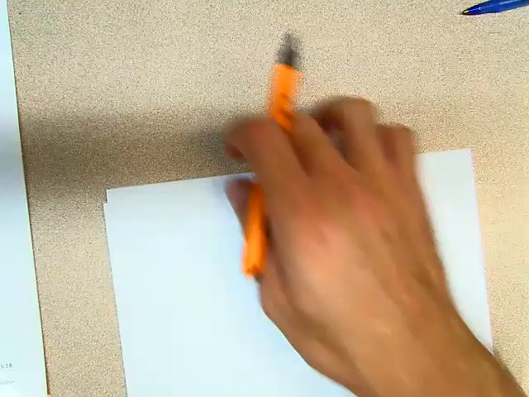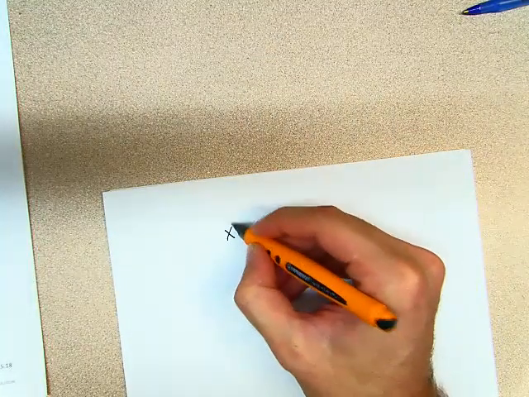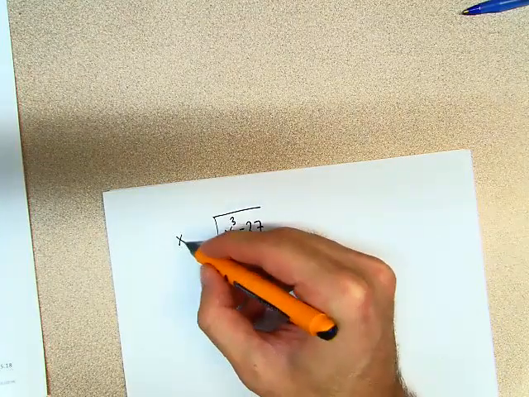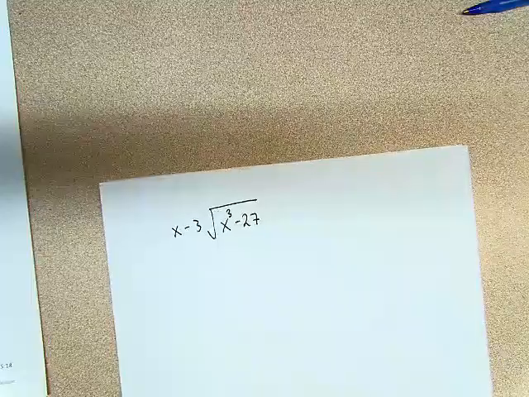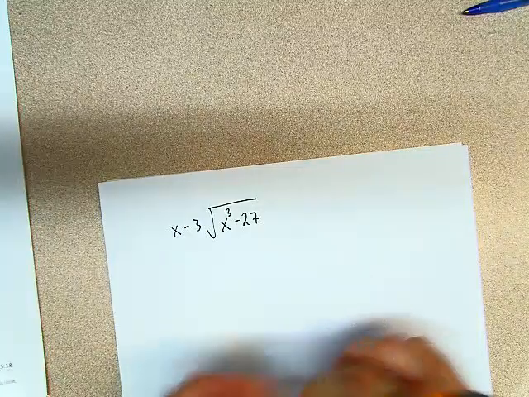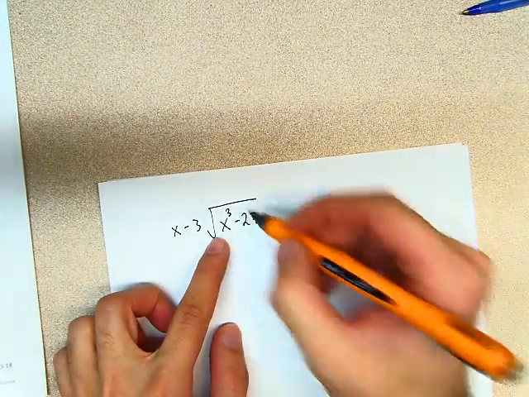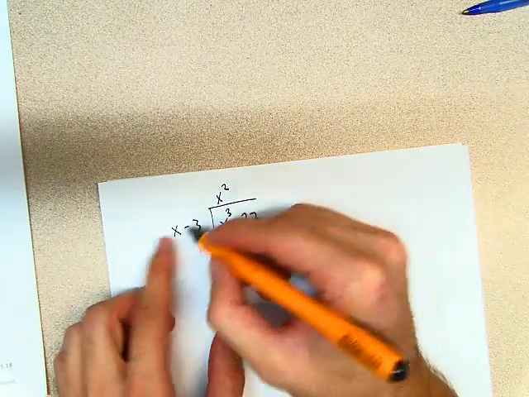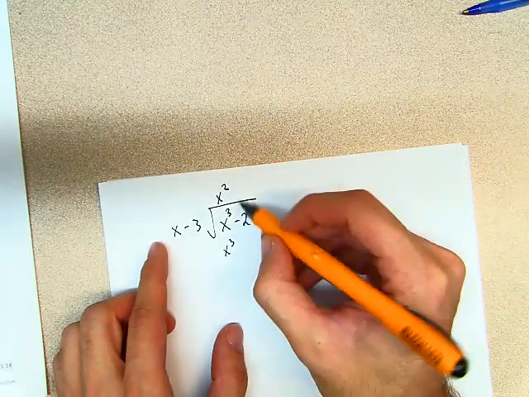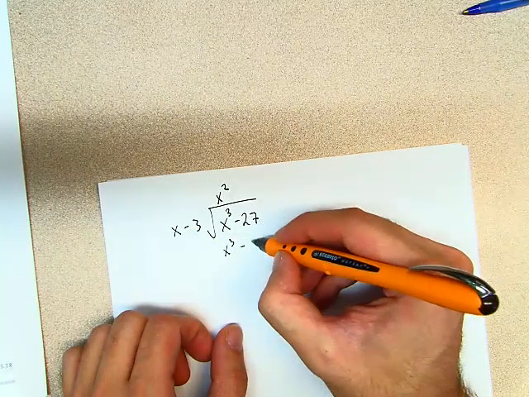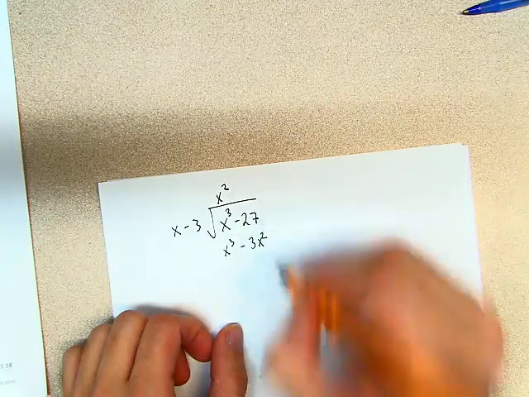So, if we have x cubed minus 27 all divided by x minus 3, how do we do this? The same thing we ask ourselves: how many times does x go into x cubed? It goes in x squared times. x squared times x is x cubed, and then x squared times minus 3 is negative 3x squared, right?